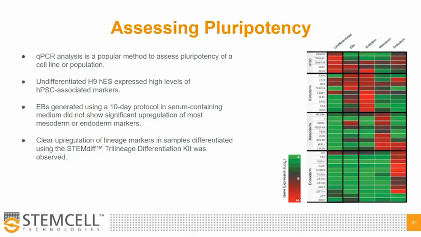As mentioned earlier, this is not uncommon in spontaneous differentiation protocols, as it is easier for many hPSCs to differentiate to ectodermal cells more so than mesoderm or endoderm lineage. However, following directed differentiation using our STEMdiff Trilineage Differentiation Kit, there was clear upregulation of lineage-specific markers in samples directed to those lineages respectively.